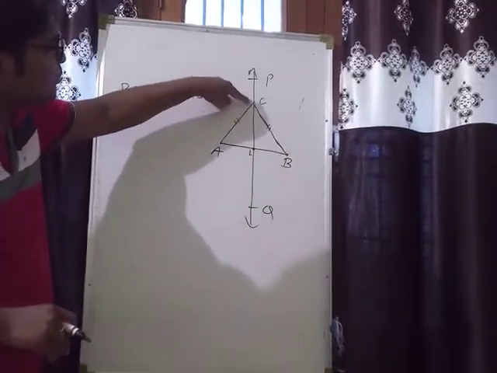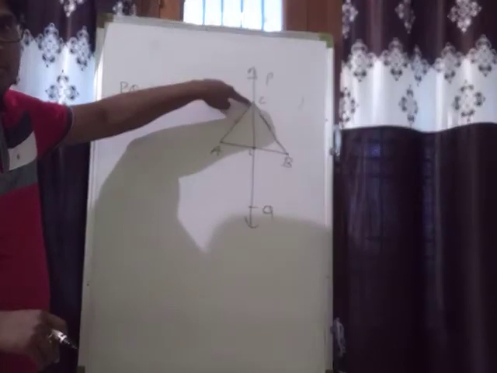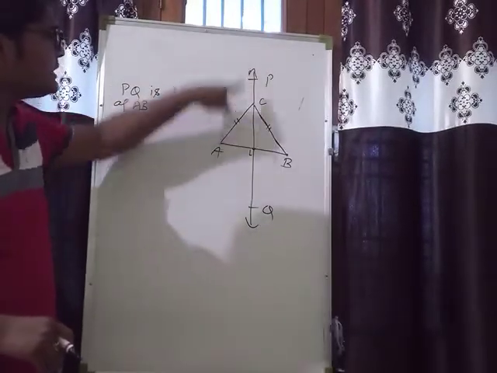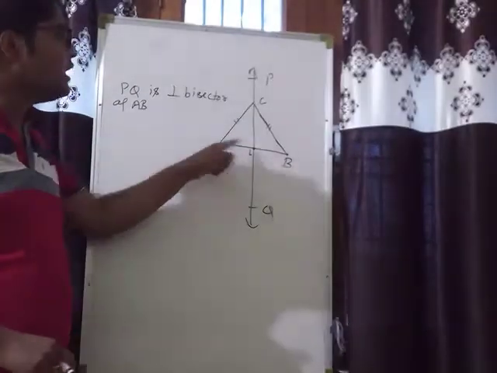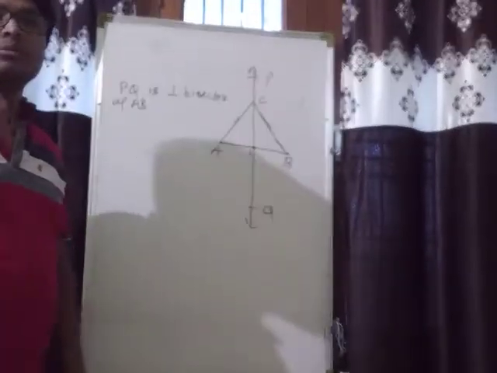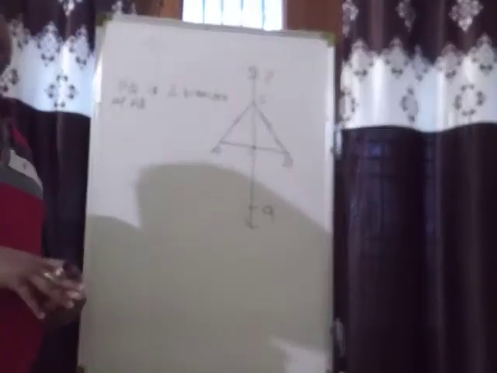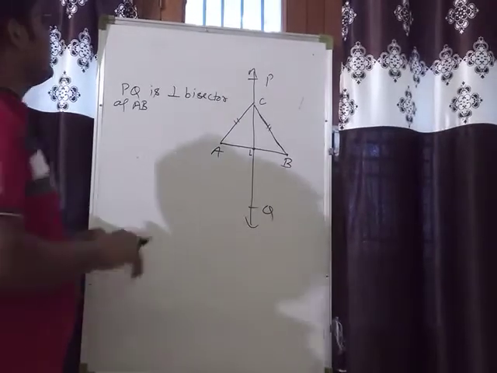What is the theorem? Distance of any point which lies on the perpendicular bisector of any line segment from the end points of the line segment will be always equal. Okay, so what is the theorem?